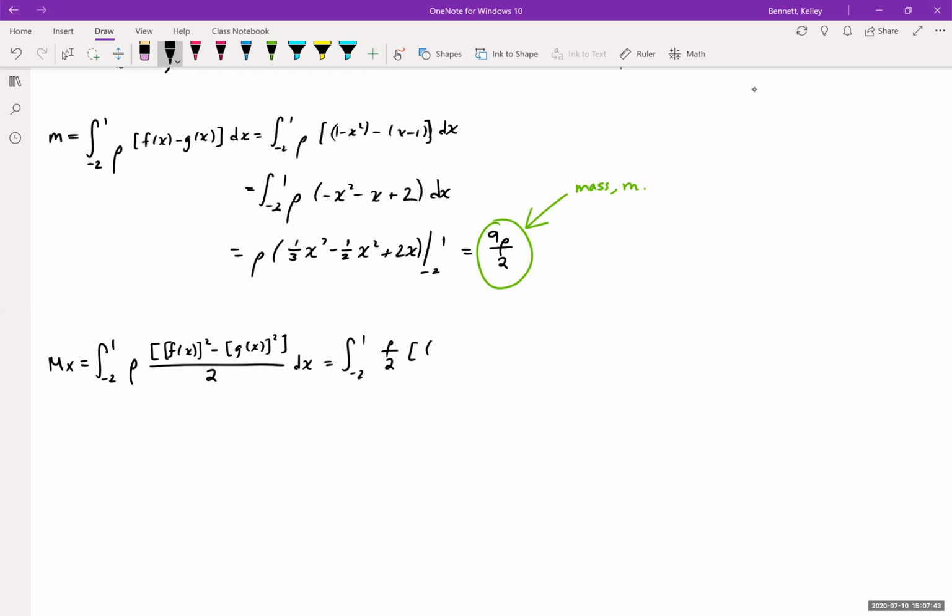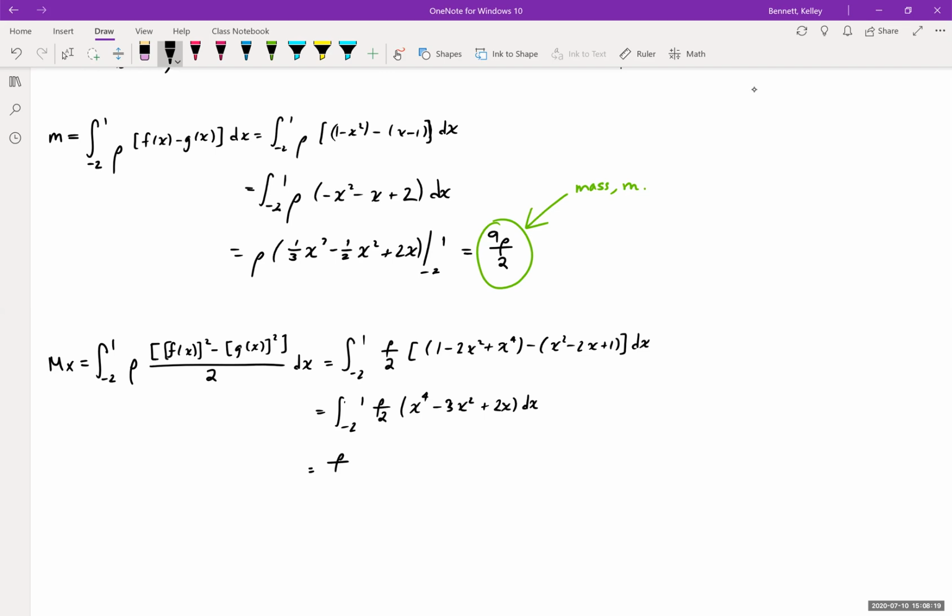So if I square and expand, I get 1 minus 2x squared plus x to the 4th, and I get x squared minus 2x plus 1. Further simplifying the integrand, I'm now ready to integrate.